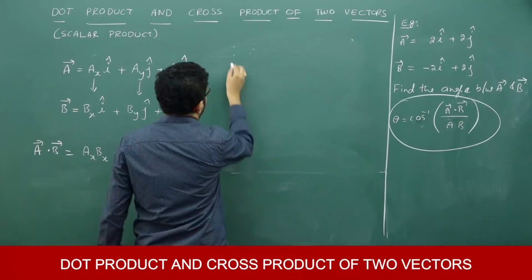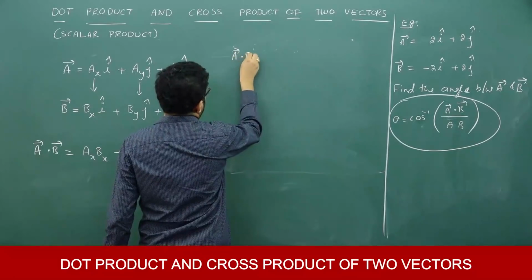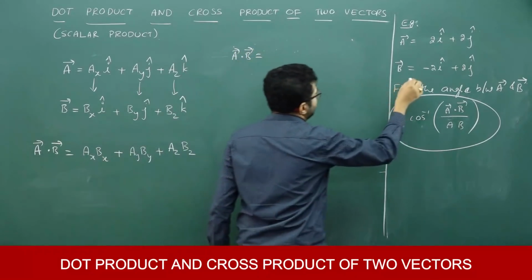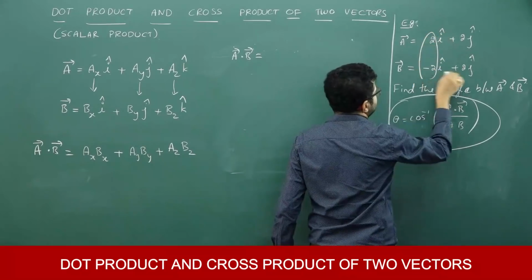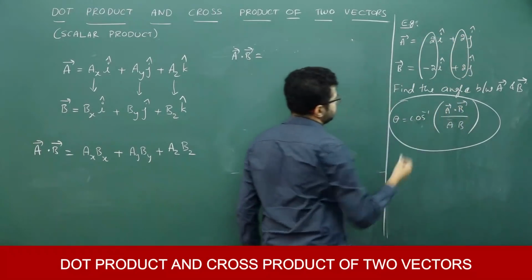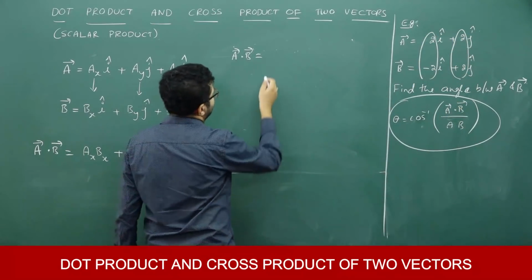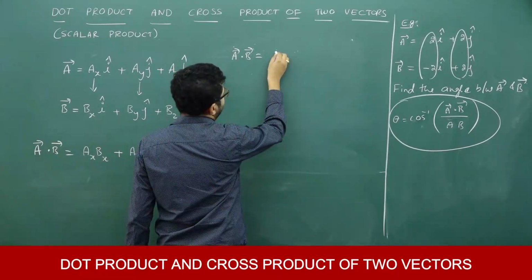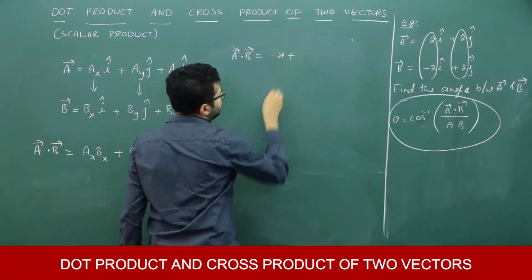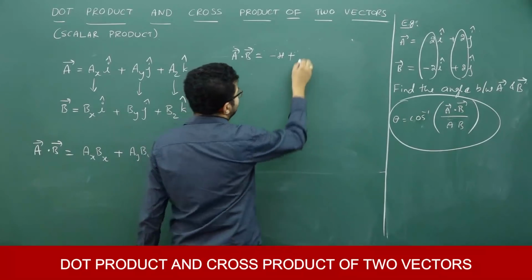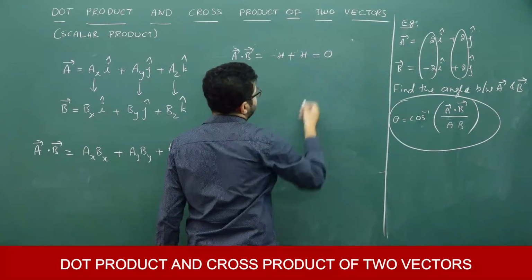What is A dot B? A dot B is equal to Ax into Bx plus Ay By. So, Ax into Bx, 2 into minus 2 is minus 4, plus 2 into 2 is plus 4. So, what do we get? A dot B is 0.